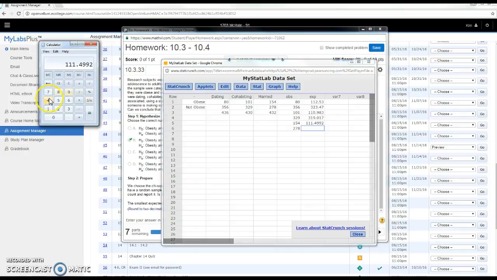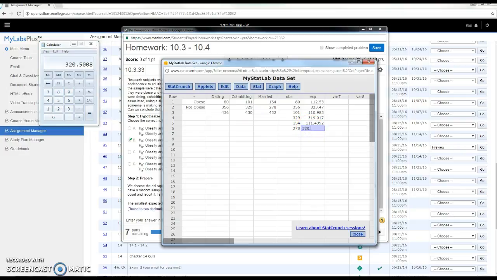And so I'm going to take 432 minus 111.4992, and I get 320.5008. So finding my expected values can be tedious, but basically you're just adding these row totals, finding the percent of the total, and then applying those to the total columns.